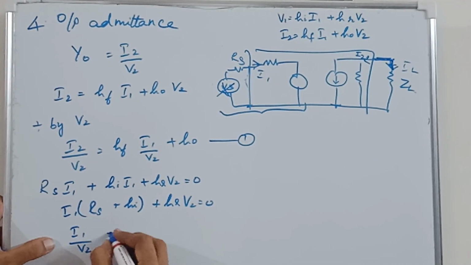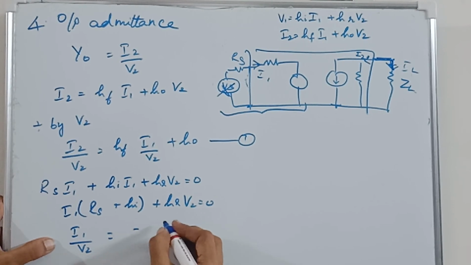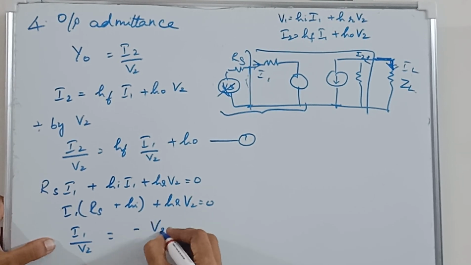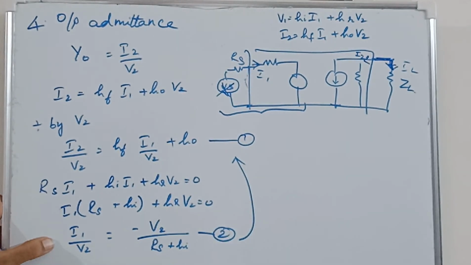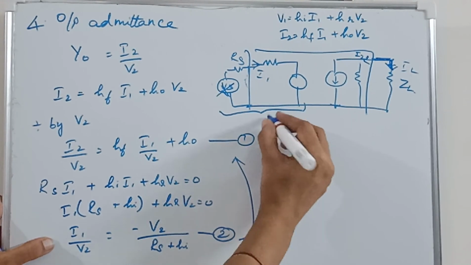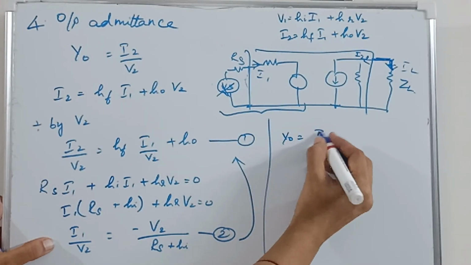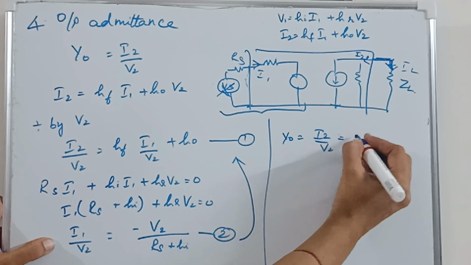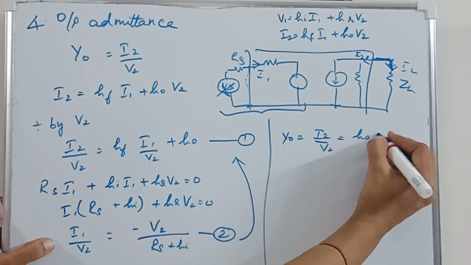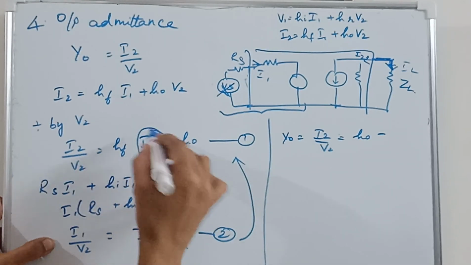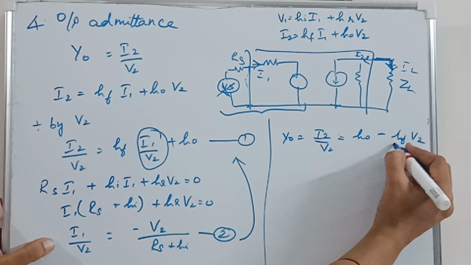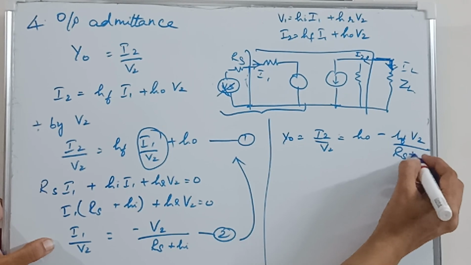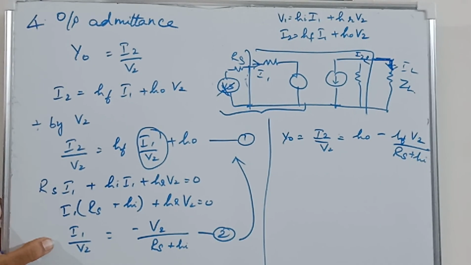So I1 by V2 will be equal to minus Hr divided by Rs plus Hi. So if I substitute this in the first equation, then I will get Y0 equal to I2 by V2, which is H0 minus HF into Hr divided by Rs plus Hi.